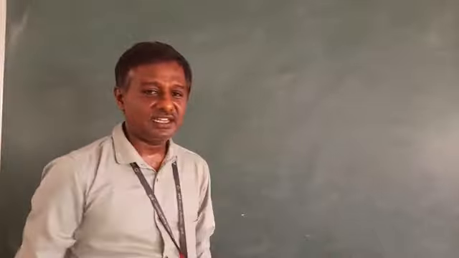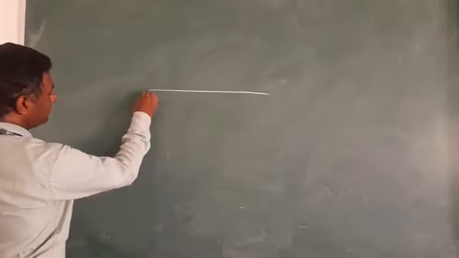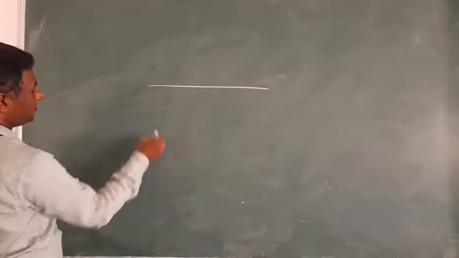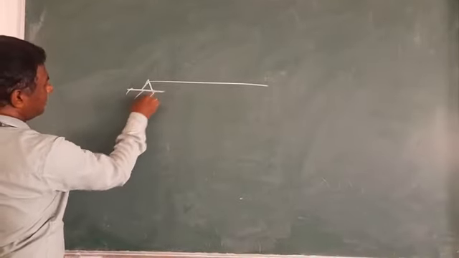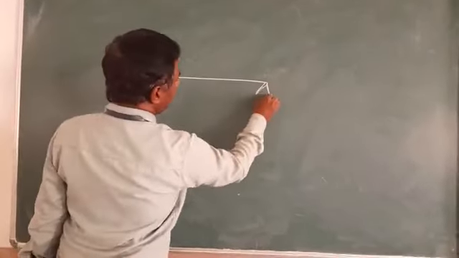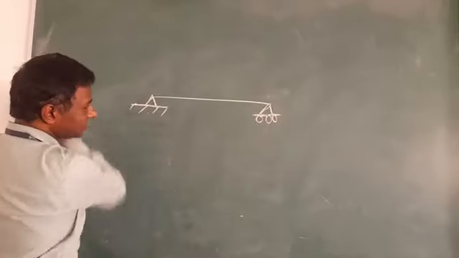Okay, let's consider a simply supported beam. A simply supported beam is a beam where the two extreme ends are supported by a roller support as well as a hinge support. So let's take this as a roller support, and this is a hinge support.